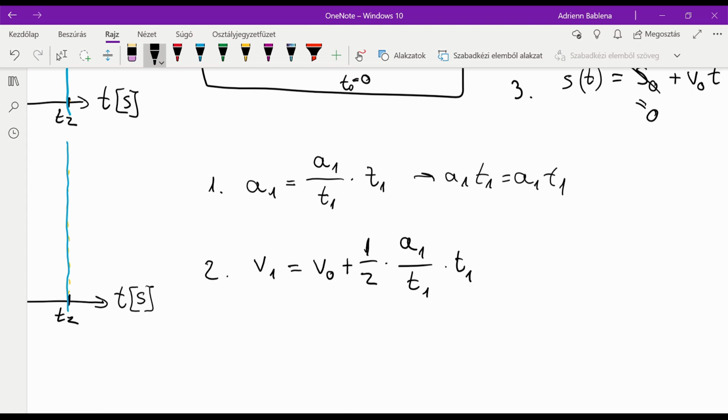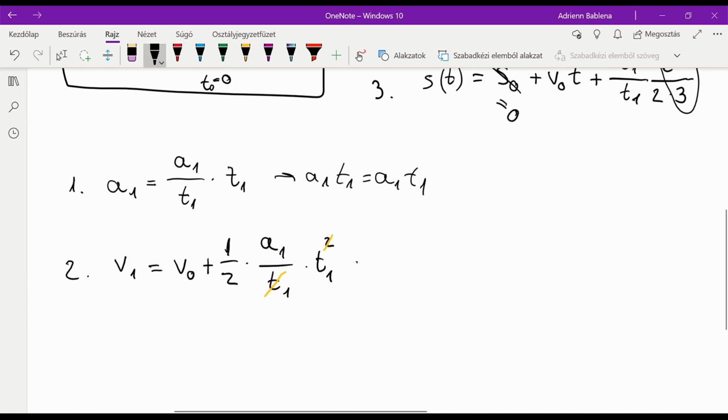We have a concrete time value, so we can write it instead of t. Now we can simplify: a1 times t1 squared over t1, so we can drop t1 over t1.